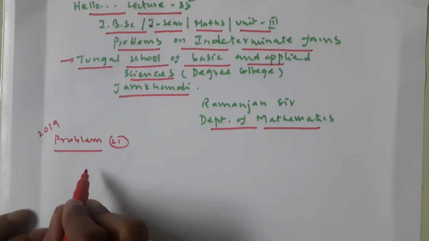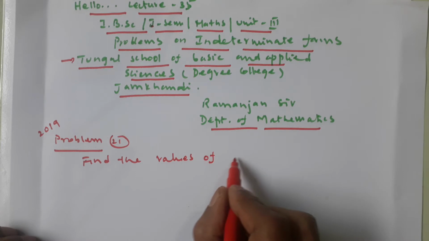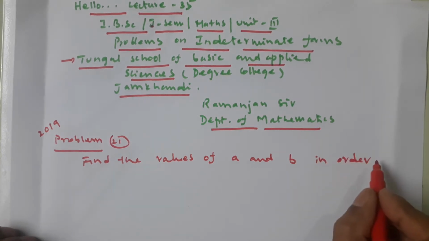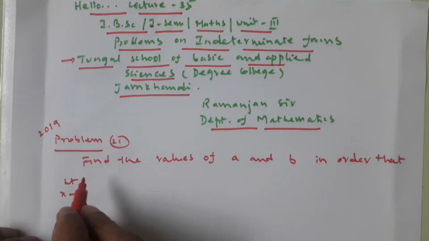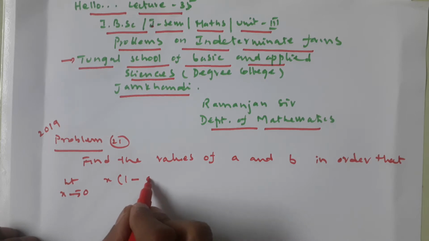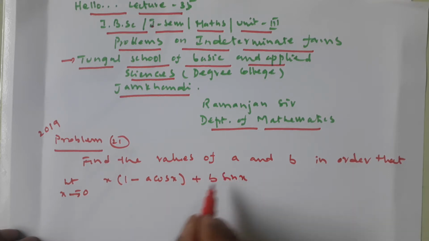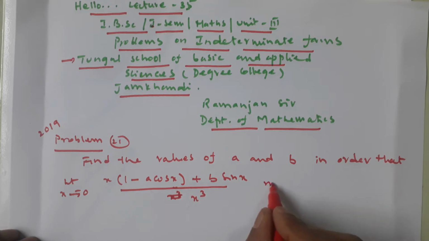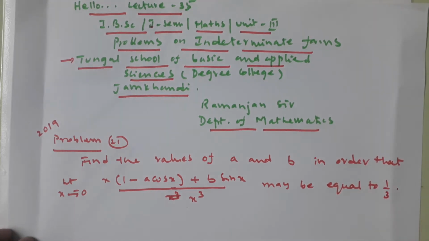Find the values of A and B in order that the limit as x tends to 0 of x into 1 minus A cos x plus B sin x, whole divided by x cube, may be equal to 1 by 3.